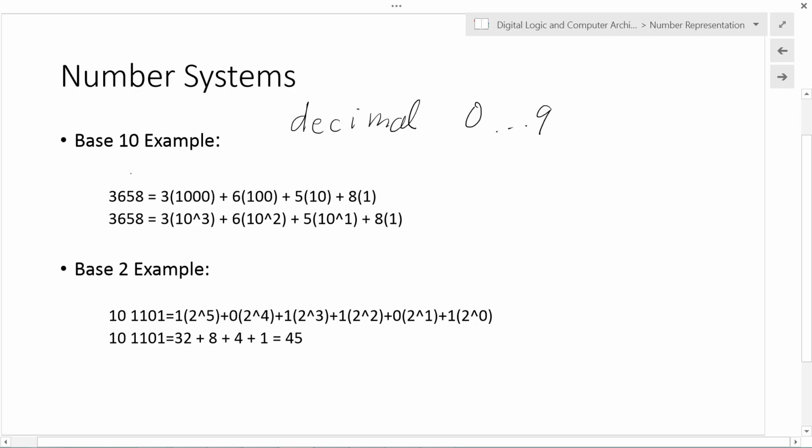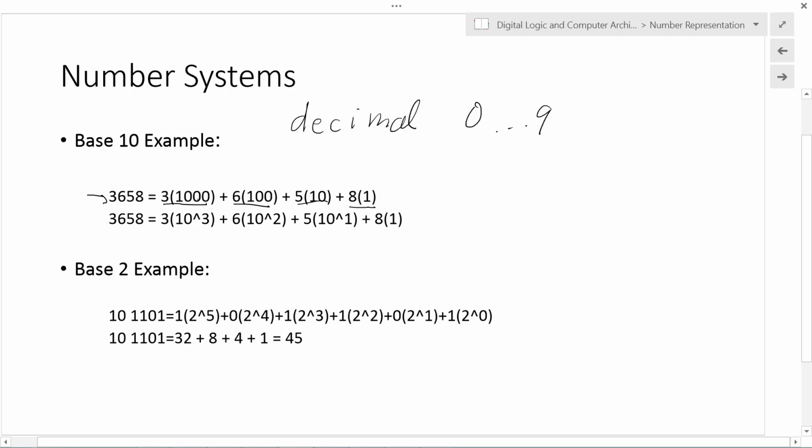So if we look at an example, this number here, 3,658, we can break it up into its component digits, 3, 6, 5, and 8. If we multiply 3 times 1,000, add that to 6 times 100, and then add that to 5 times 10, and then 8 times 1, we have broken it into the 4-digit components.